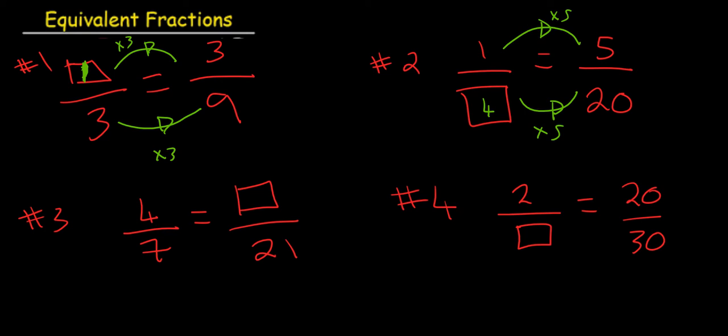Or we could look at this the other way around. We can say what do we divide 5 by to get to 1? When we divide by 5, and we divide by 5 here, 20 divided by 5 is 4.